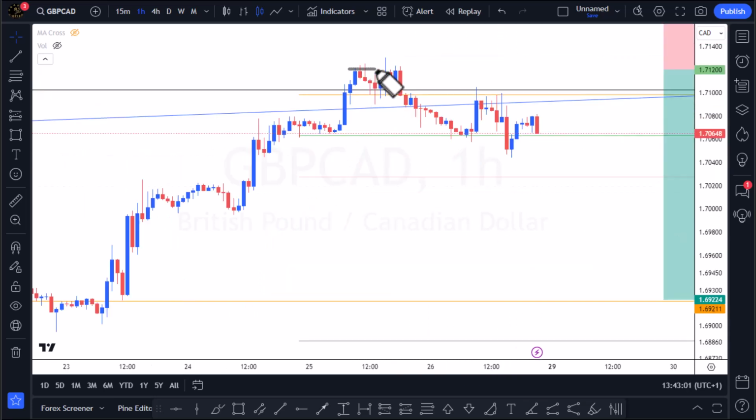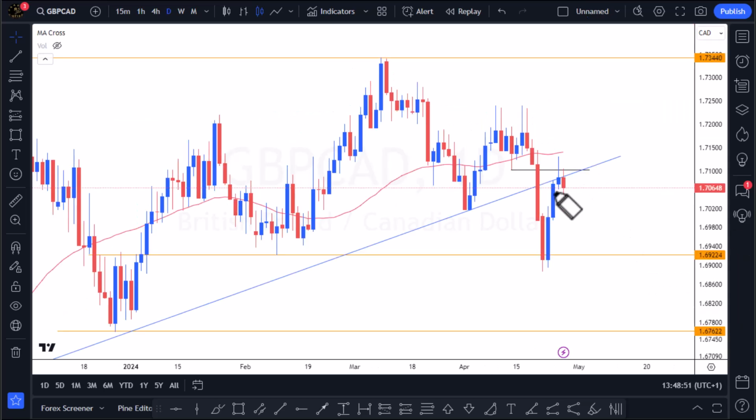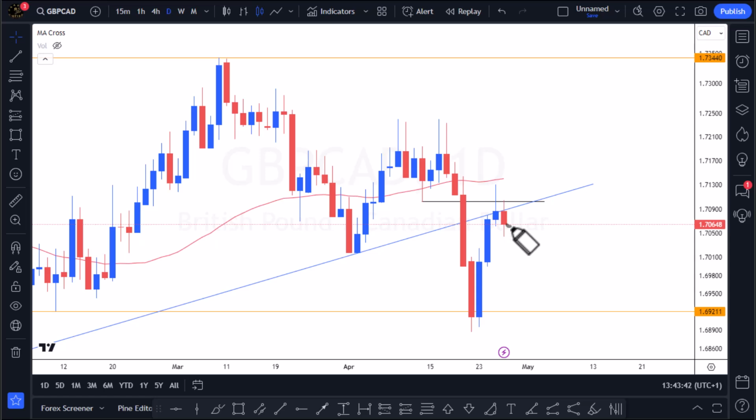The first short limit entry was right here, the second spotted here, and the third at this retest. Next week, I anticipate more short swing to the key level support at 1.69211. Alternatively, a strong bullish close above Thursday's bearish pin bar would signal a higher possibility of failure in this short setup.